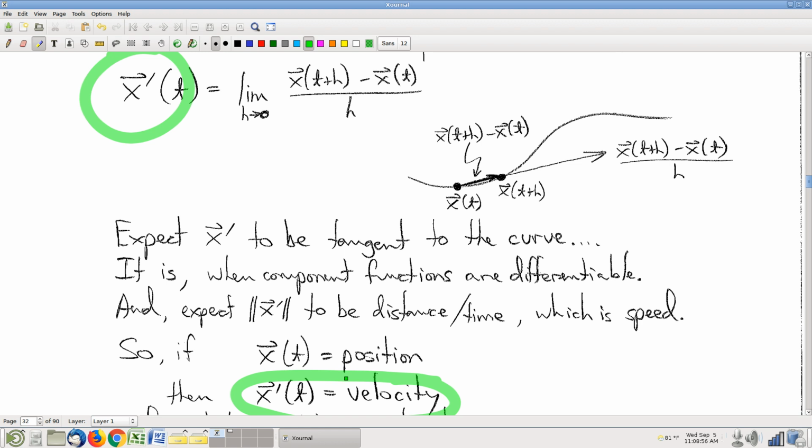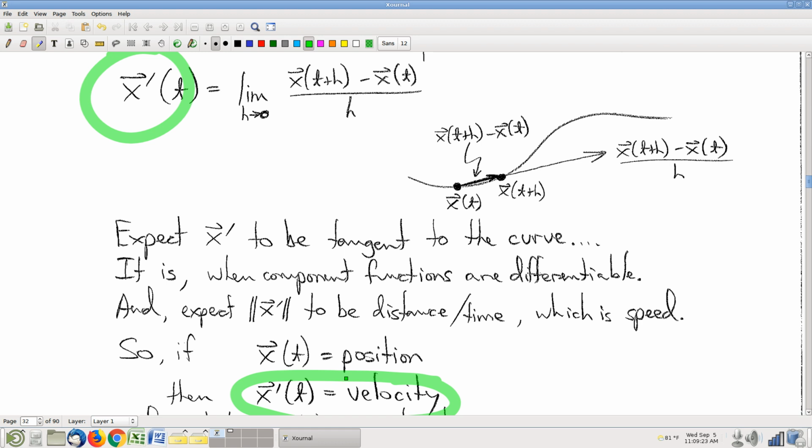Position's a function of time. There is no graph. Position as a function of time is a parametric curve. It's a boring parametric curve that lives inside of the real number line, but it was a parametric curve. And so, in fact, we had already seen in Calc 1 that the derivative was a velocity, and this is just like that. But it's not just like the other interpretation of derivative from Calc 1.